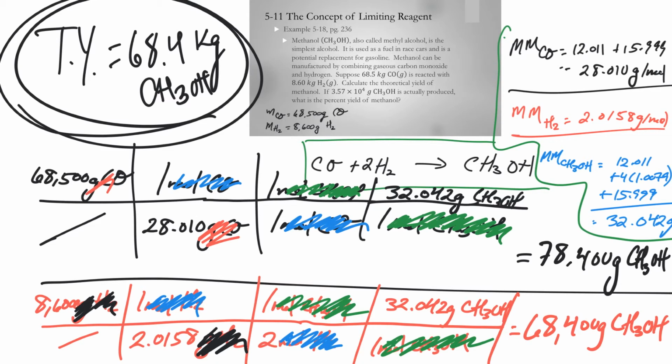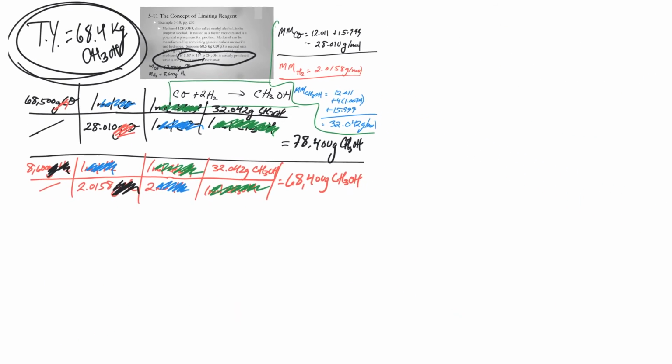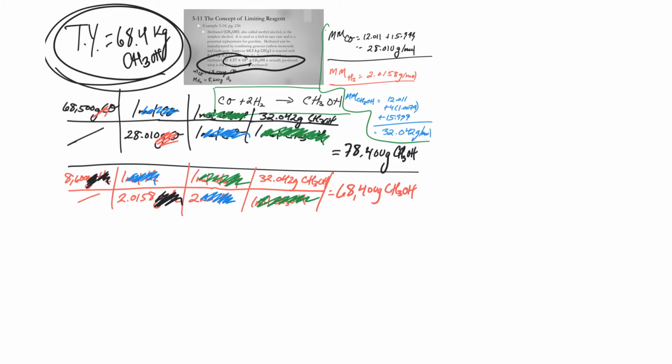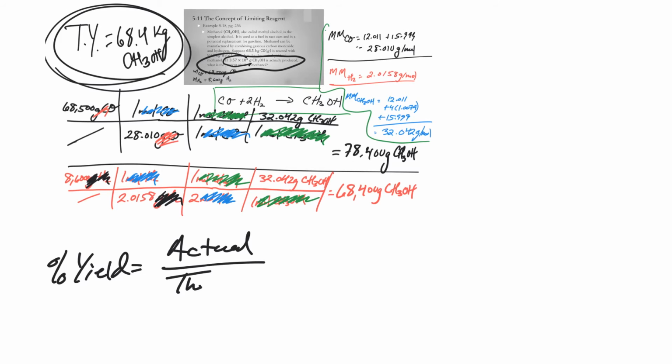Then it says if 3.57 times 10 to the 4th grams of methanol is actually produced, what is the percent yield? The percent yield is the actual yield divided by the theoretical yield times 100%.